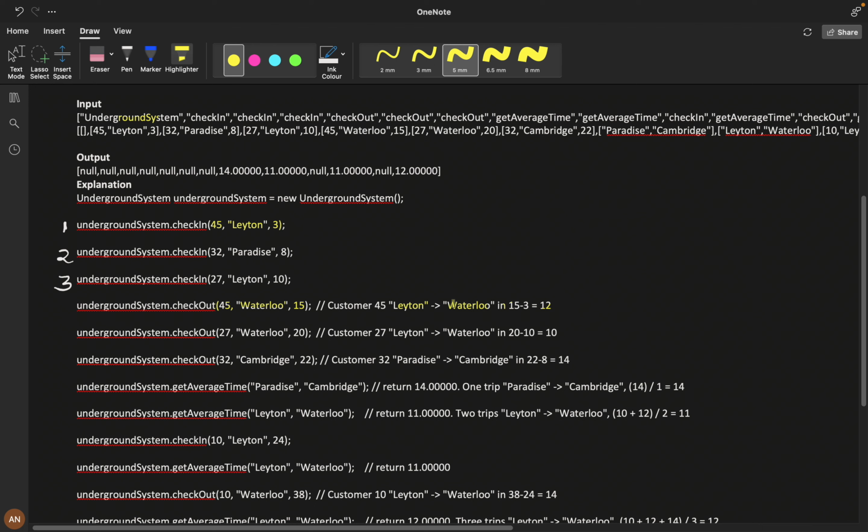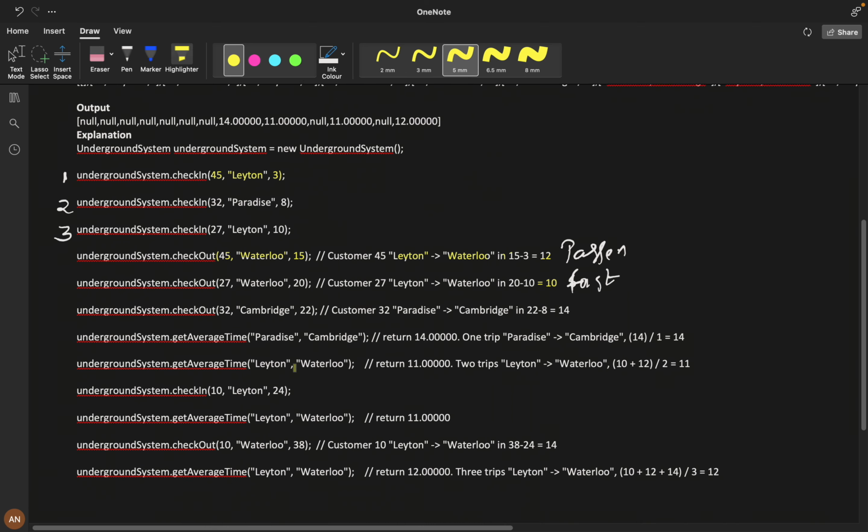Checkout minus check-in, 12. Then 27 started at Leyton, went to Waterloo, checked in at 10, and checked out at 20, so 20 minus 10. By this you can say that in this case he may have traveled by passenger, and in the other he can travel by fast train, because the time is less.